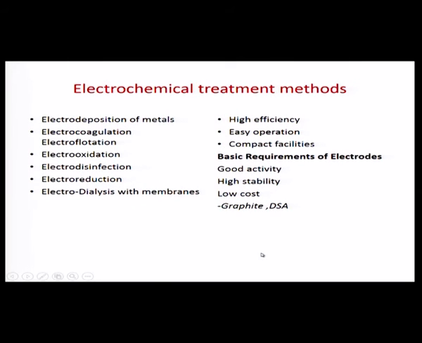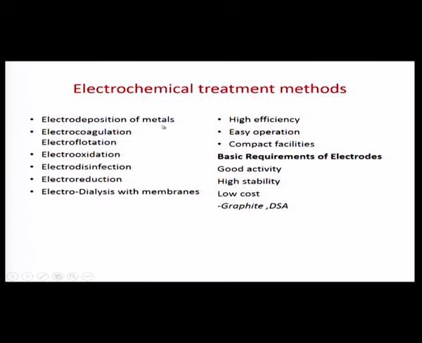Another important electrochemical application is in treatment of water, wastewater, etc., including soil remediation. These electrochemical techniques are very useful. For example, we have a variety of techniques based on electrochemically driven processes, especially electrolytic cell based ones.